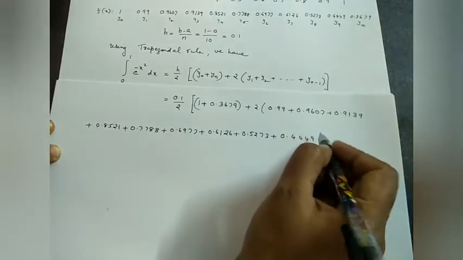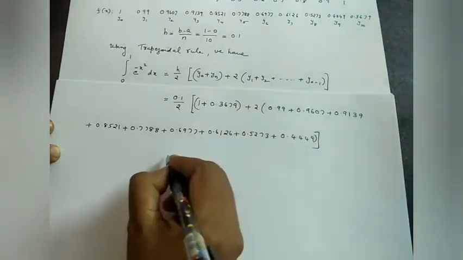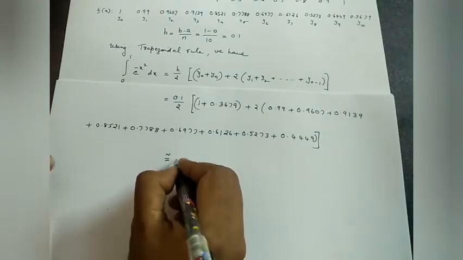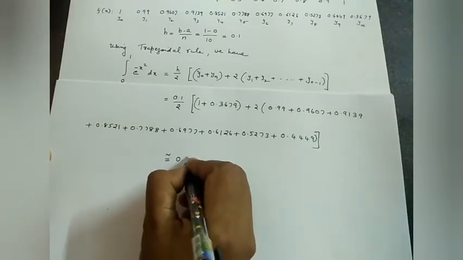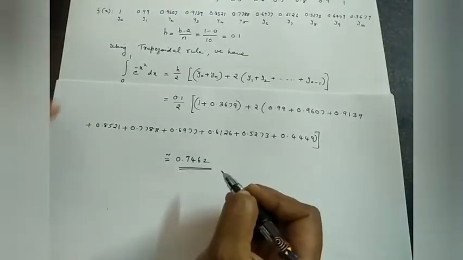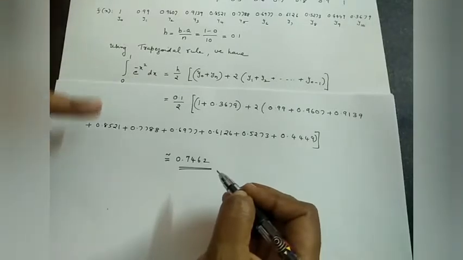Here in this case yn minus 1 is y9. Now we can use a calculator. With the help of a calculator we can calculate the value as approximately 0.7462. That is the value of this definite integral using the numerical method, the trapezoidal rule.